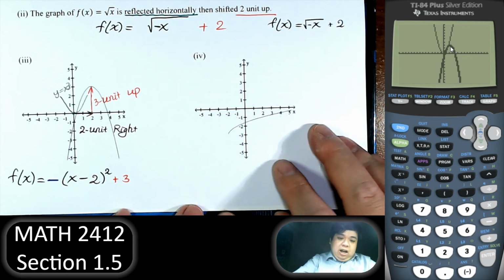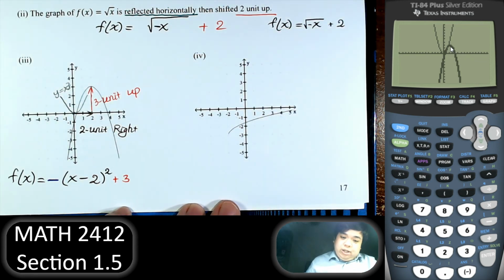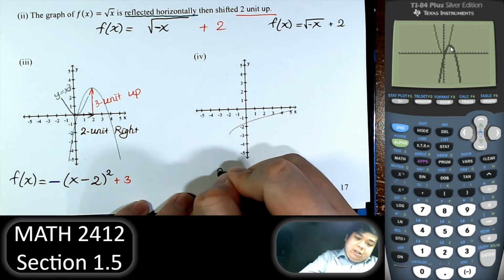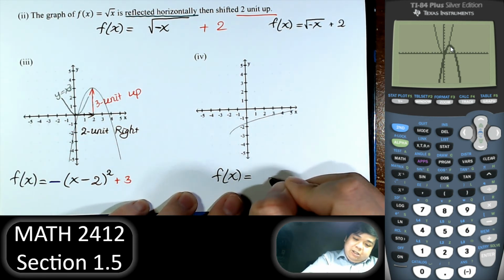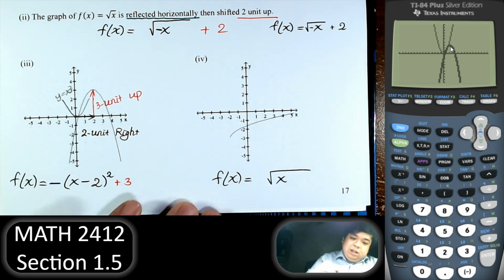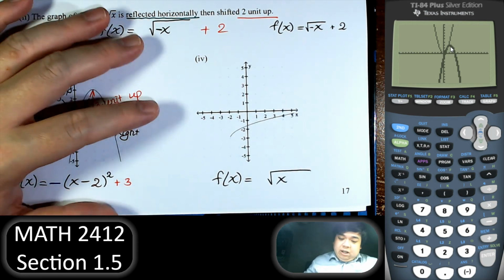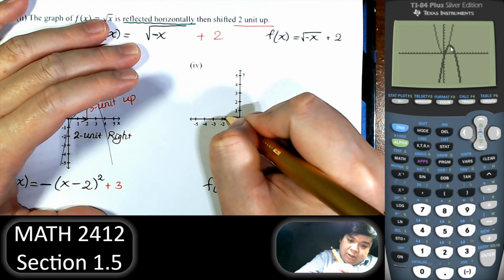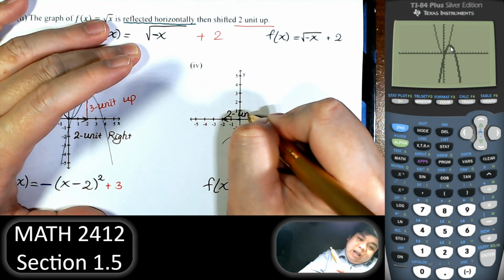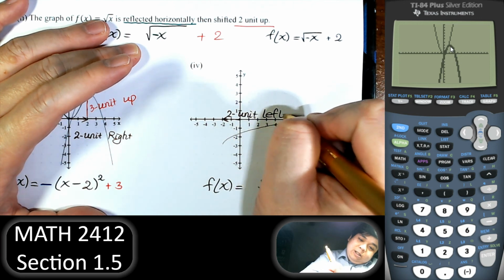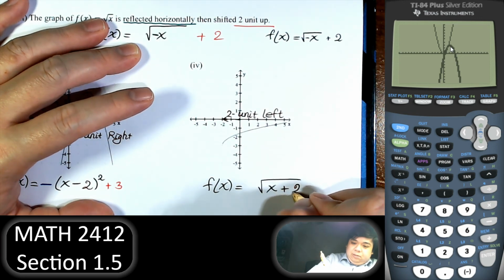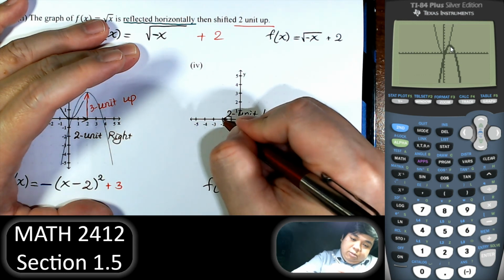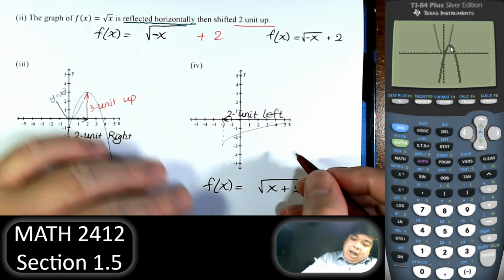And then next, this looks like the graph of the square root. So once again, we start with the square root. And in this case, we only have translation. 2 units to the left, and then 3 units down.